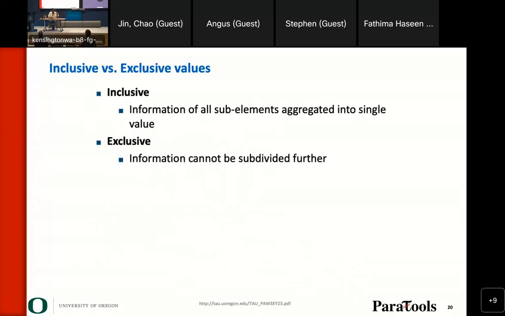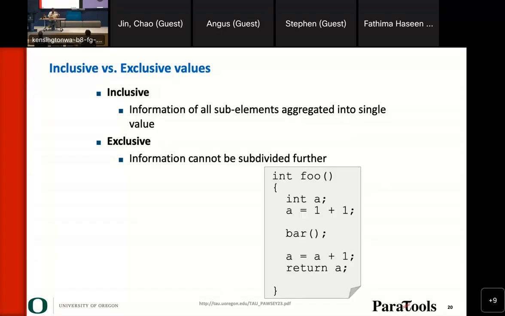Now, once you insert hooks in your code, you can generate inclusive and exclusive time. How do I do that? Well, if there is a function, say foo, let's say it takes 100 seconds, and it calls another function called bar.